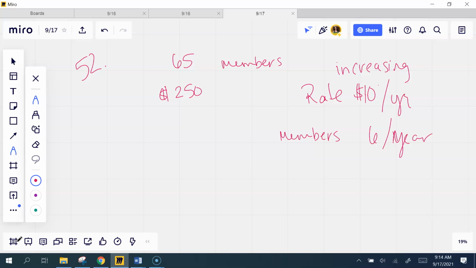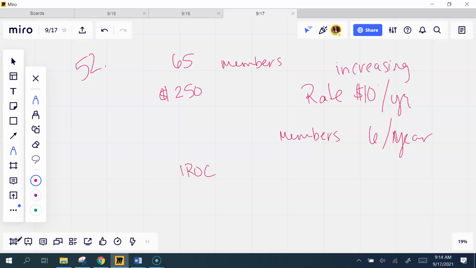What is the current instantaneous rate of change in each member's share of the pavilion rental fee? Answer in appropriate units of measure.